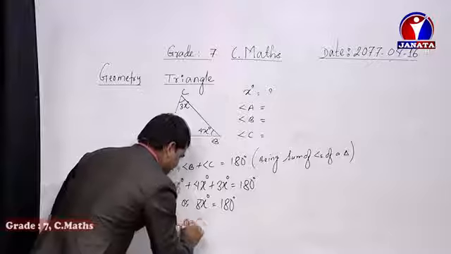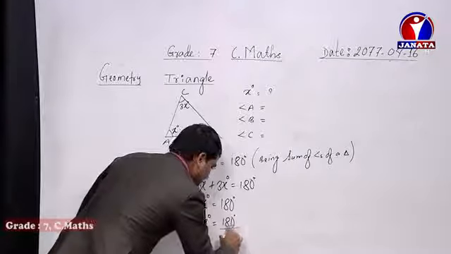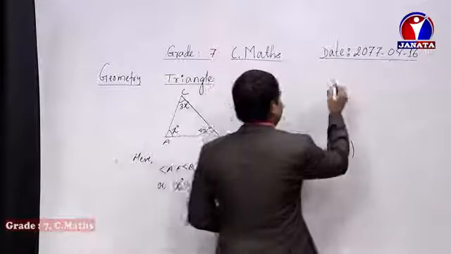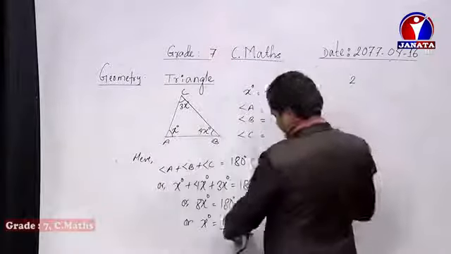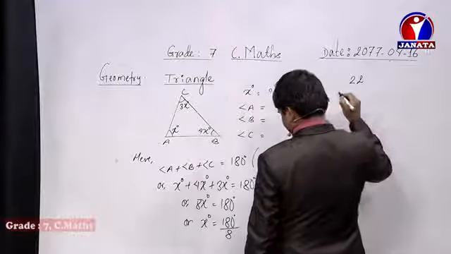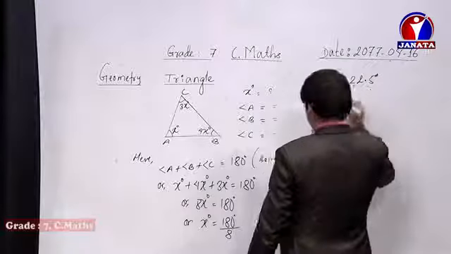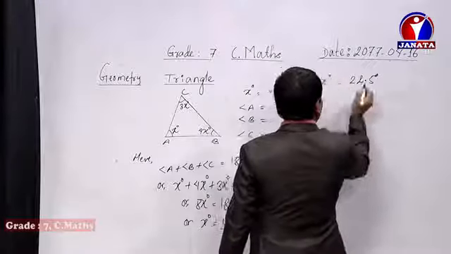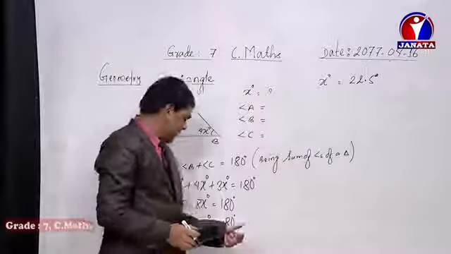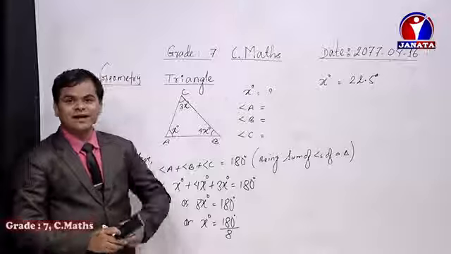Now x degree equals 180 degree divided by 8. What will it be? If you use the calculator, 8 into 16, 2 remains, and it comes to 22.5. So x degree equals 22.5 degree, isn't it? If you use a calculator, when we divide 180 degree by 8, it will come as 22.5 degree.